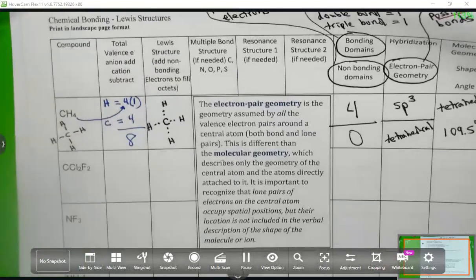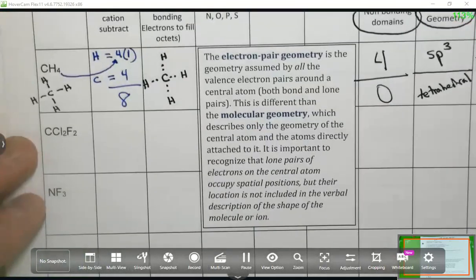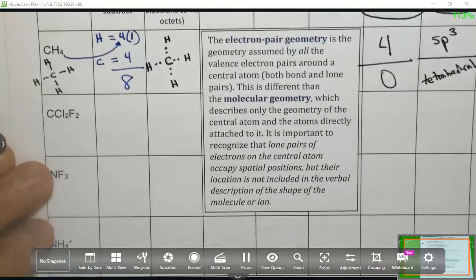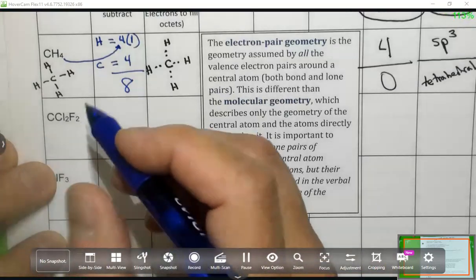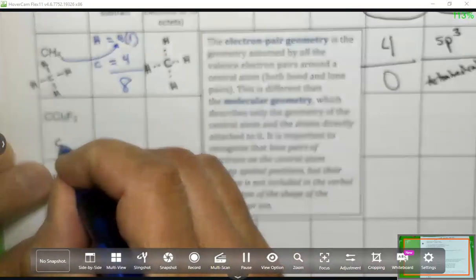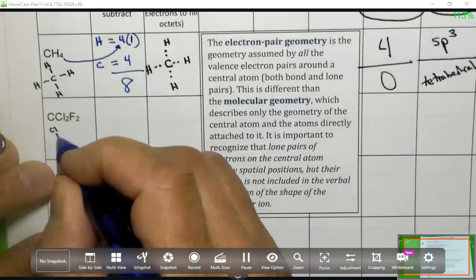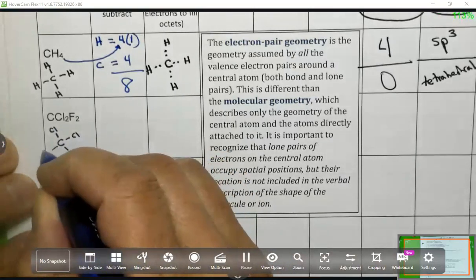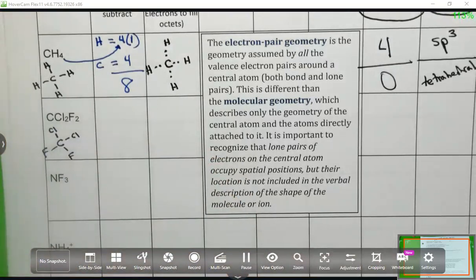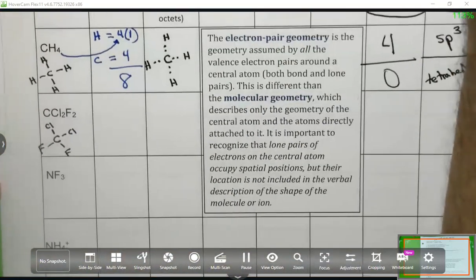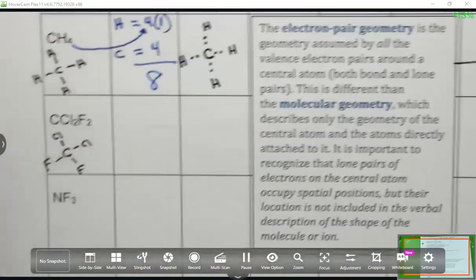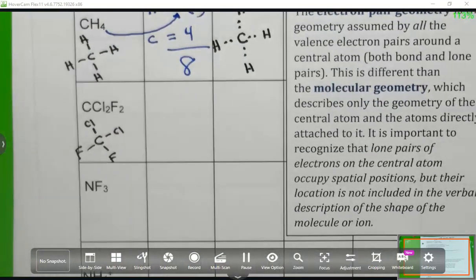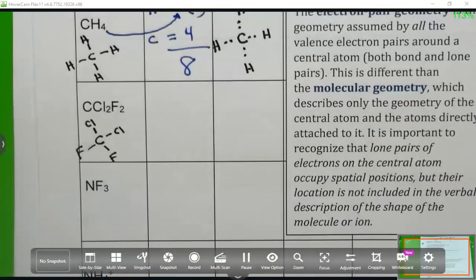So the next one, we have CCl2F2. So we could do a skeletal structure. Now, you might be asking yourself at this point, do those Cls go across from each other, or next to each other?